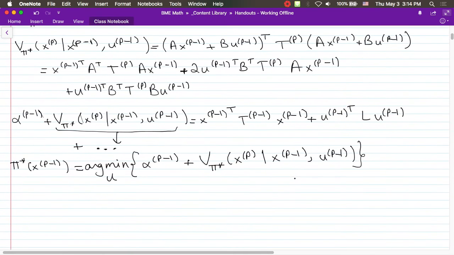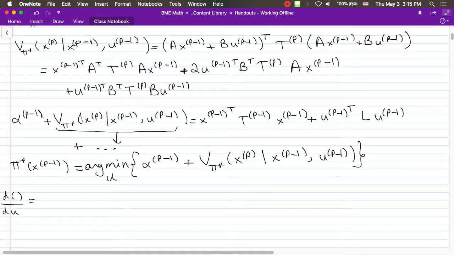All right, so we're going to find the derivative of this function with respect to u, plus this with respect to u.